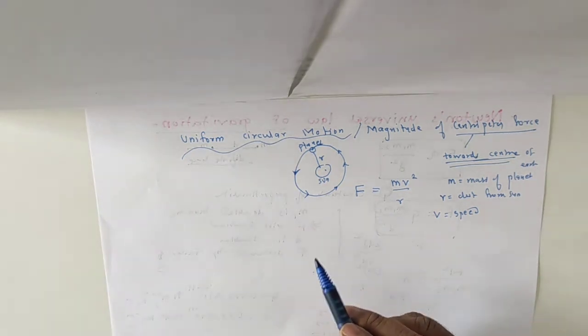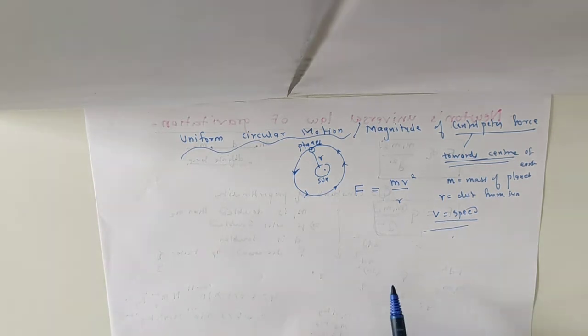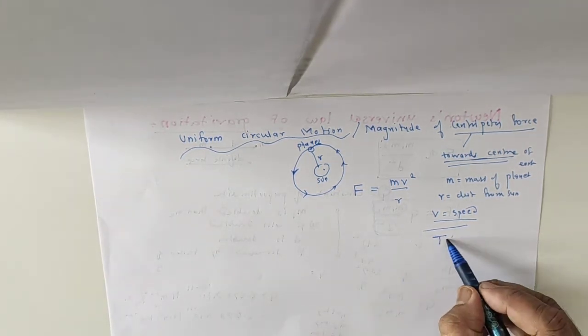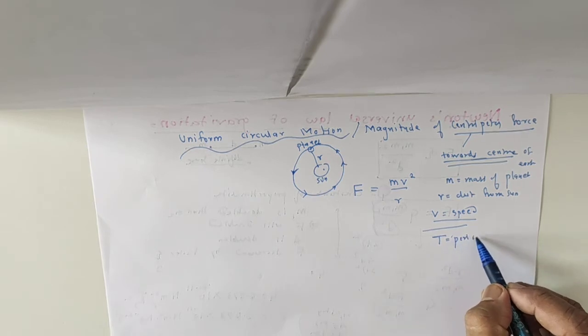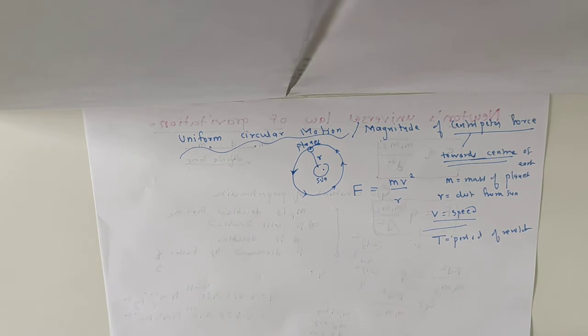Now the speed of this planet can be expressed in terms of the period of revolution, T. This is the symbol for the period of revolution.